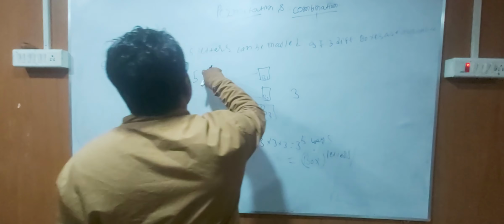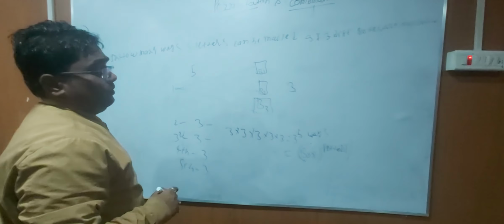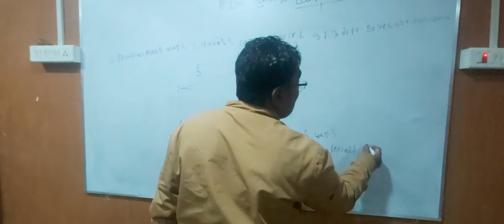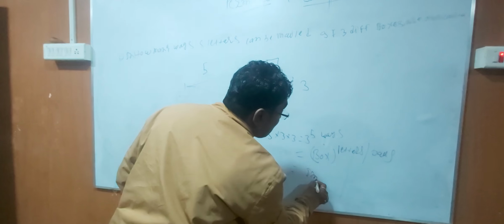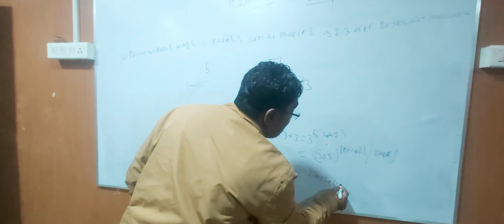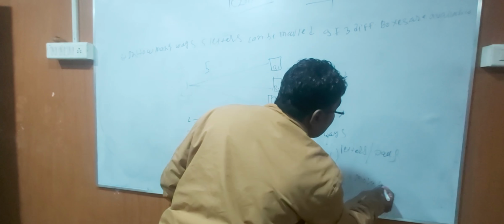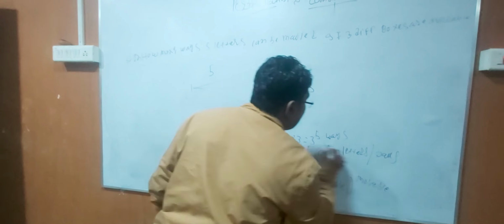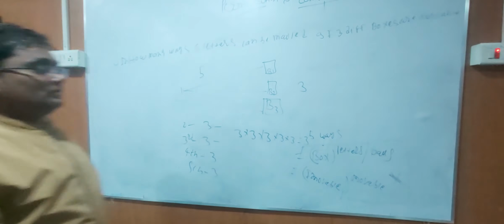If balls are given in place of letters, then box to the power letters or balls, that is, immovable to the power movable. Understand? This is the trick. You have to understand it. Okay.